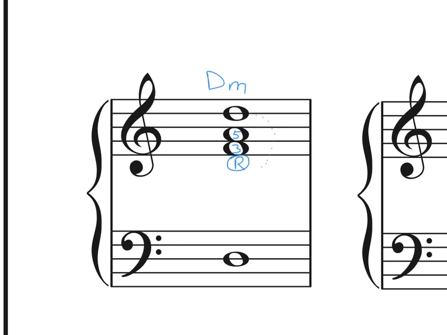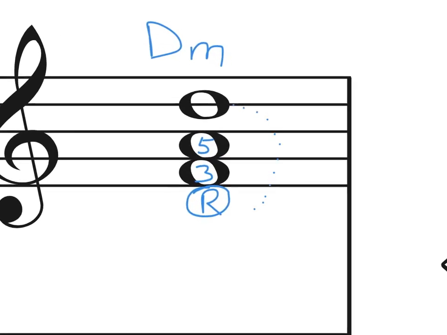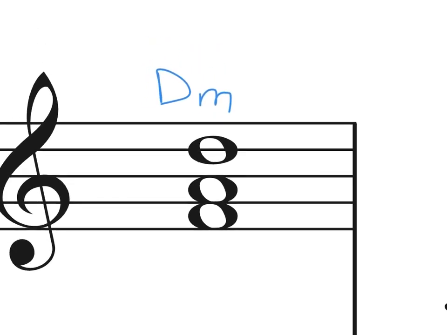But you do have to be careful, because sometimes if you were to see just those three notes, you would think, oh, this is a D minor chord and F is the lowest note, which means it's a D minor over F, right? With just this information, yes, you're right.